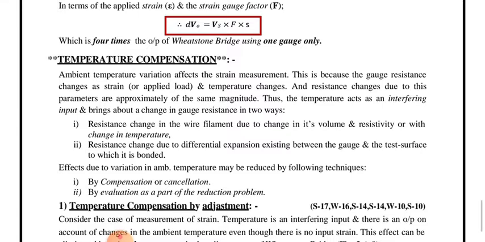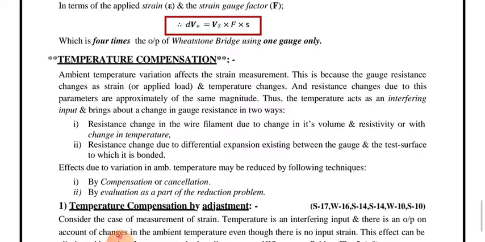First, resistance change in the wire filament due to change in its volume with a change in temperature. Second, resistance change due to the differential expansion existing between the gauge and the test surface to which it is bonded, meaning the strain gauge which is bonded to the test surface under test.